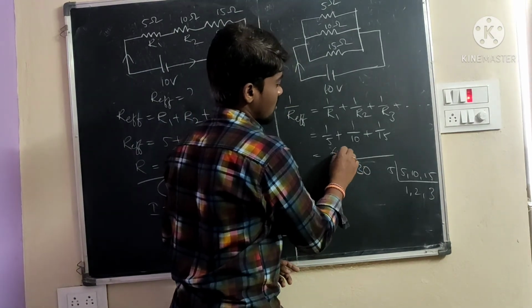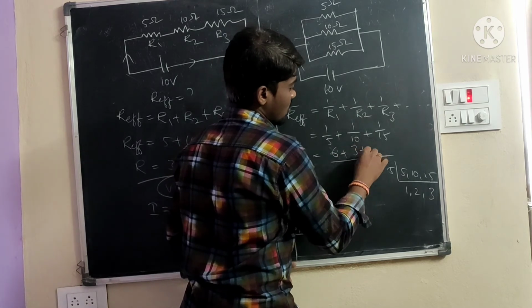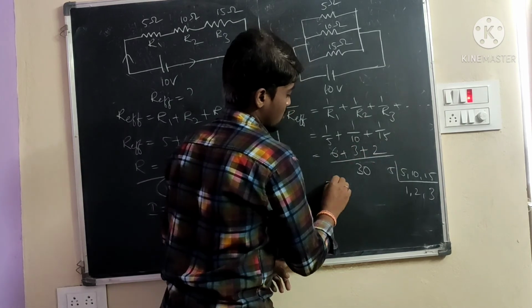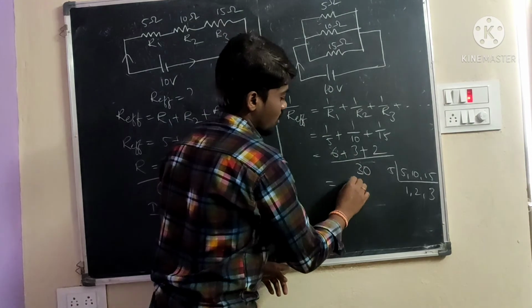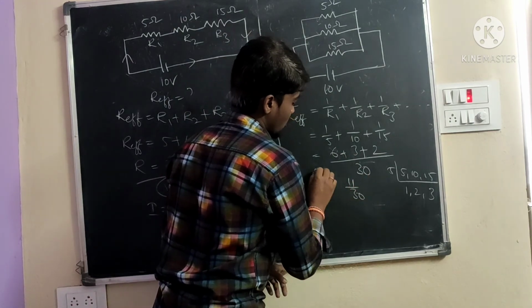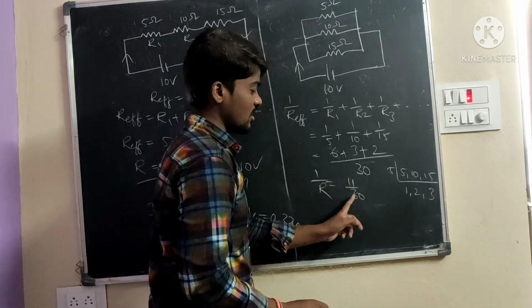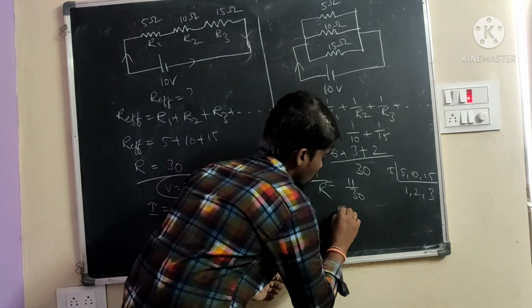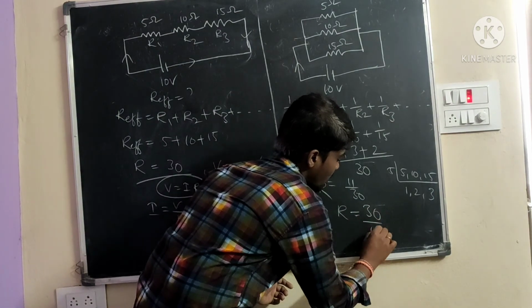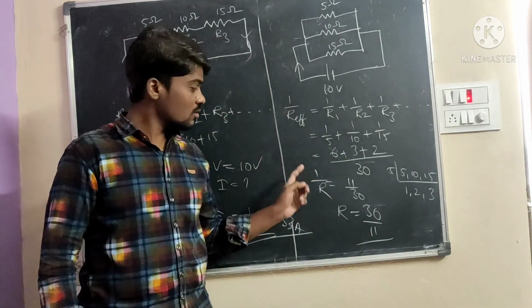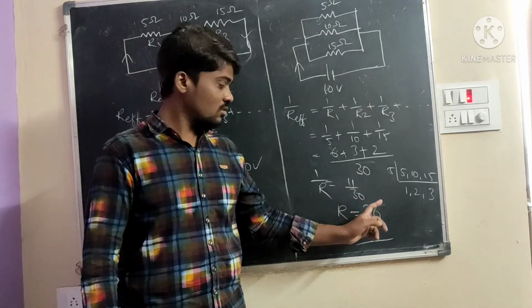Next, 10 threes are 30. Next, 15 twos are 30. So 6 plus 3 plus 2 is 11, so 11 by 30. 1 by R is equal to 11 by 30. R is equal to 30 by 11.